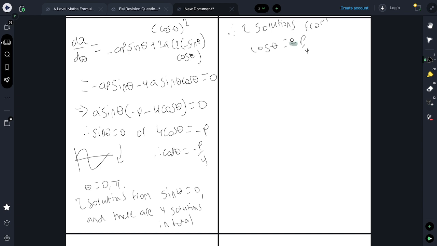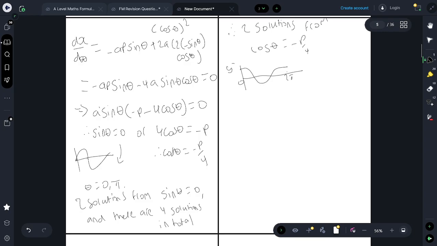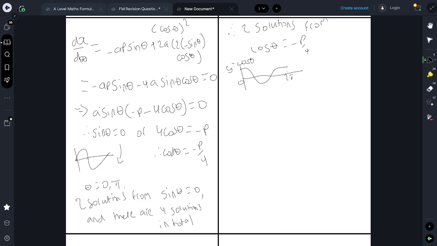Okay, so let's study this. Let's look at the cos curve. I think that's the easiest way to look at this. So that's 2 pi, and that's 0. So what values of y equals cos theta ensures we get 2 solutions in this interval? Actually, make the sketch a bit nicer.